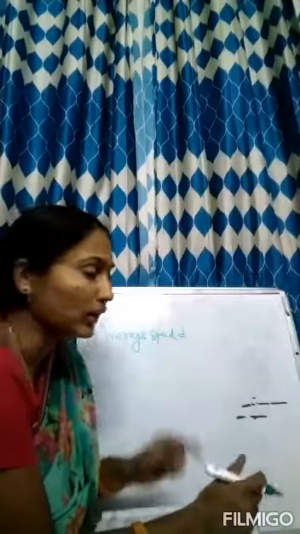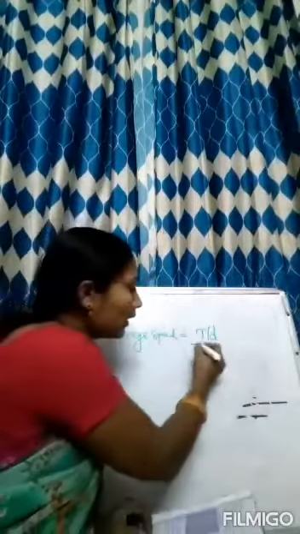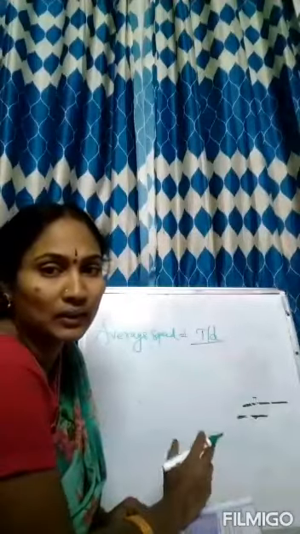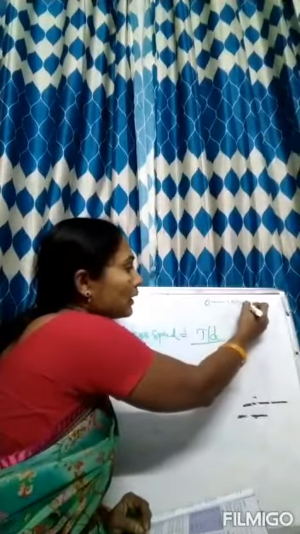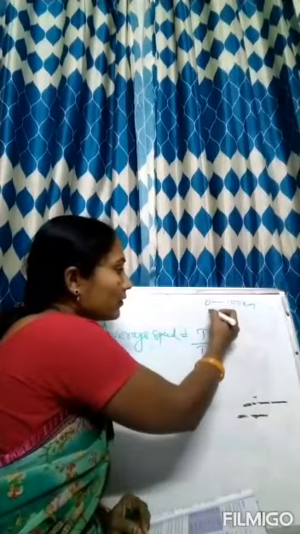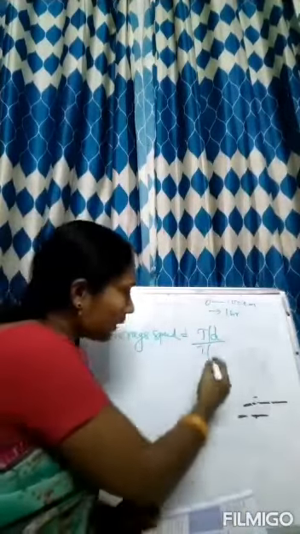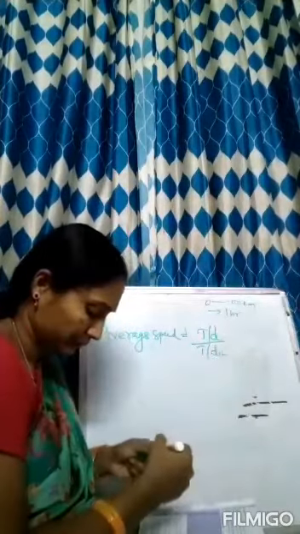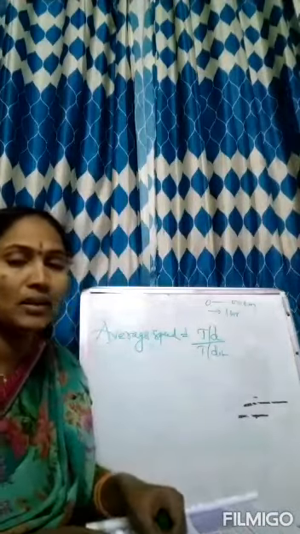So we have to calculate the total distance, like 0 to 100 kilometers, divided by the time taken to complete the travel. Suppose we have travelled for 1 hour. Thus we can define the speed of an object as the distance travelled by it in a unit of time. In this way the average speed is calculated.